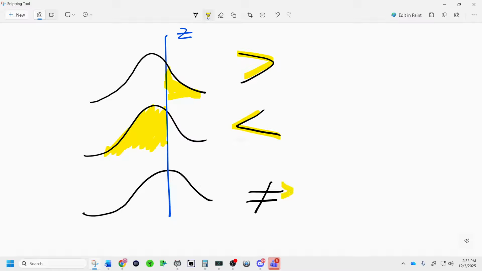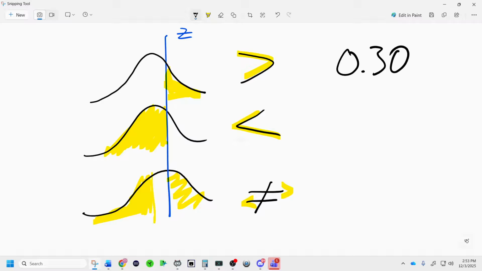For this one, you graph both sides, which means you graph above this point, and then you do a reverse image and graph below. It might not look perfect, but I tried. Think about this: these 2 p-values have to add up to what? Let's say the top one is 30%.